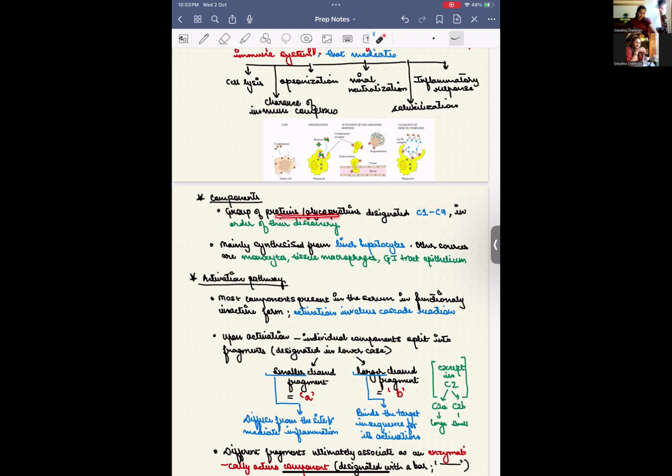So we have some proteins and glycoproteins designated as C1 to C9 in order of their discovery. Those are not all.